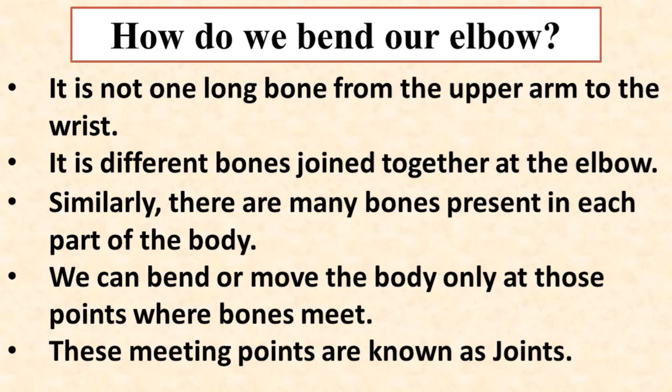It is different bones joined together at the elbow. Similarly, there are many bones present in each part of the body. We can bend or move the body only at those points where bones meet. These meeting points are known as joints.